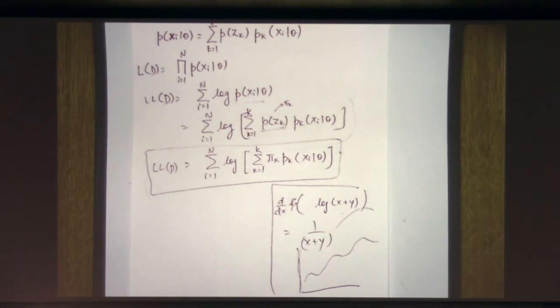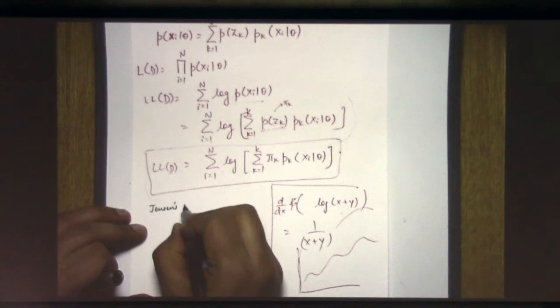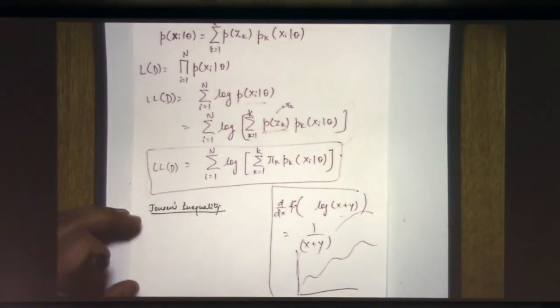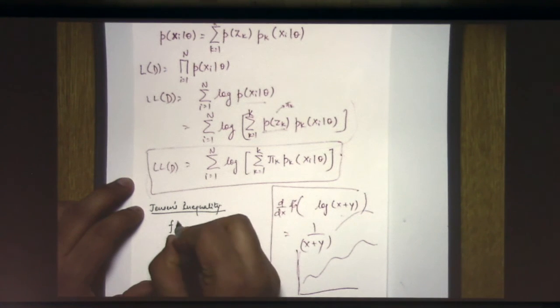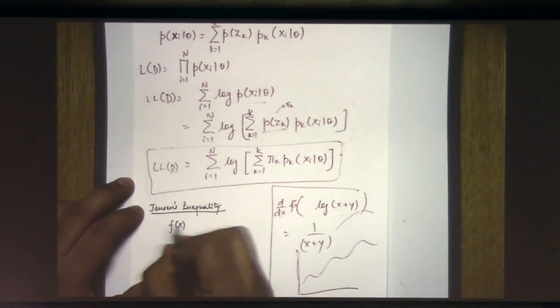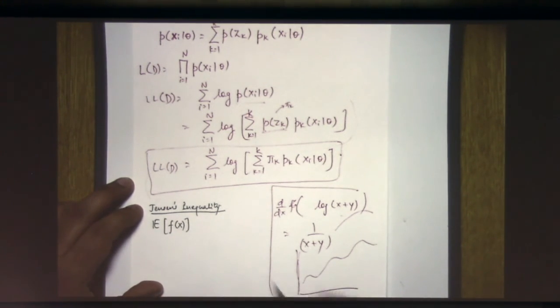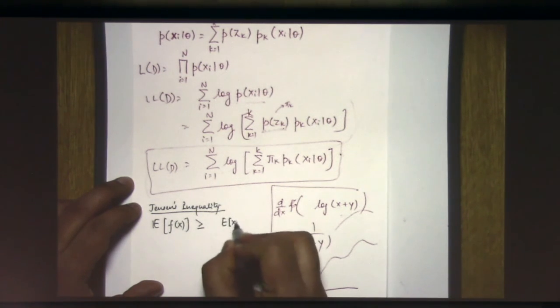What Jensen's inequality says is, and this is just for your knowledge, not going to be covered in the exam, that if you have a function f of x, and x is a random variable, then the expectation of this function will always be greater than or equal to the function applied to the expectation of x.